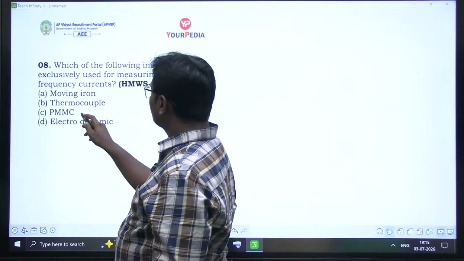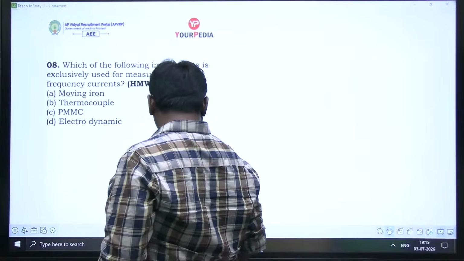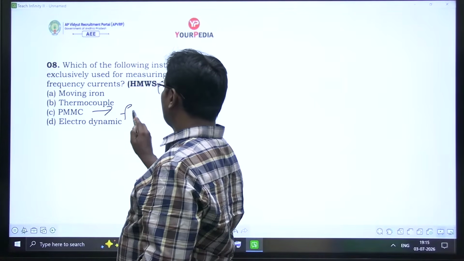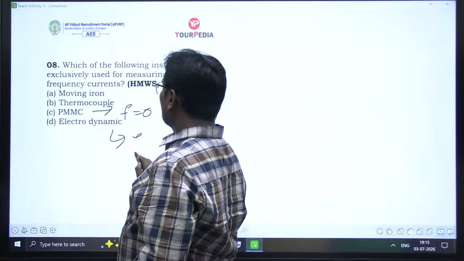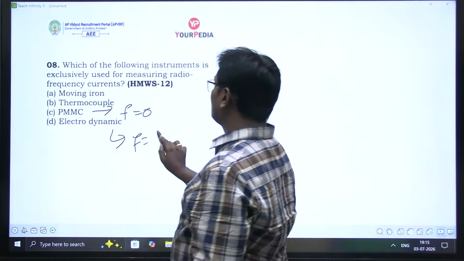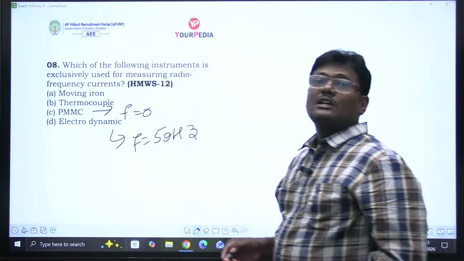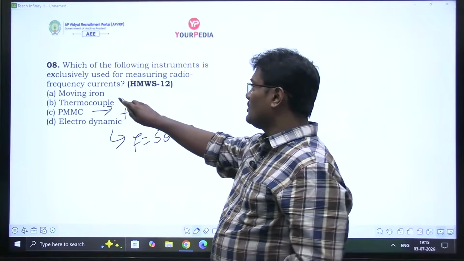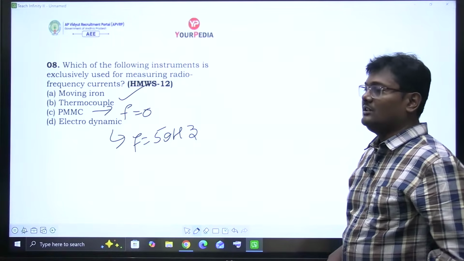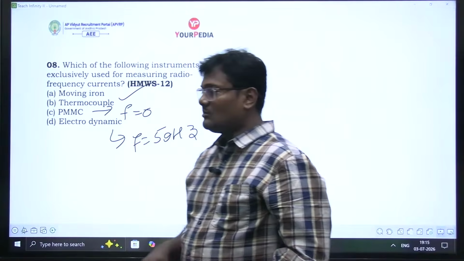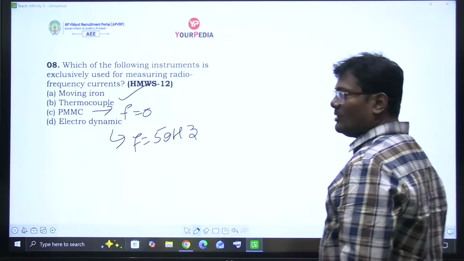PMMC frequency is zero, used only for DC. Electrodynamometer type instruments are used for 50 Hz, because the wattmeter is electrodynamometer type. The thermocouple instruments are used for radio frequency. So option B is correct.